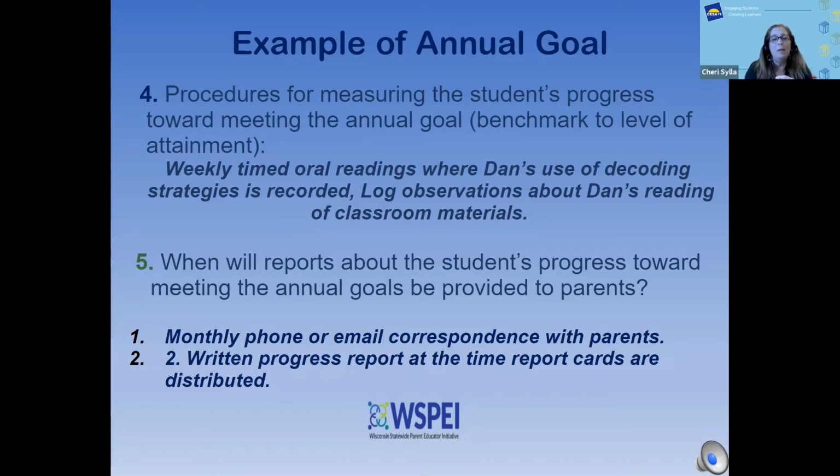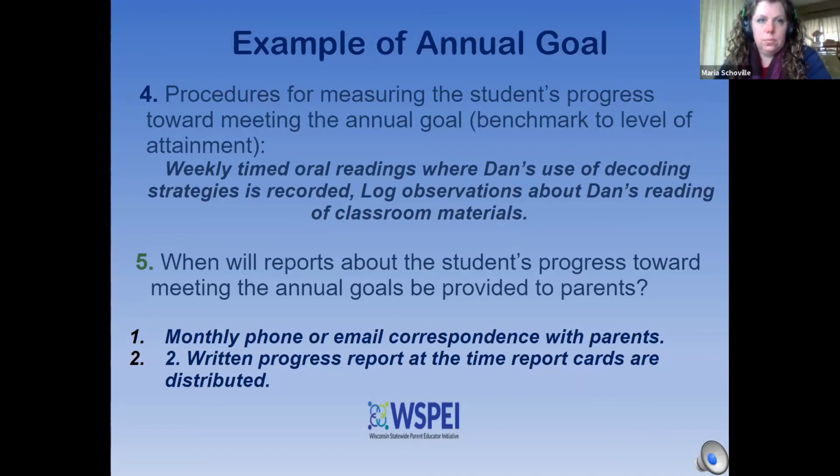This IEP team said, well, this is a really important goal. And I as a parent want to hear from the school a little bit more often than just when report cards are provided. And that sometimes happens. Some of the goals, depending upon what it is, parents might want to know more often how well the student is doing, especially if the parent is working with the school to help by supporting their child at home in reading, for instance.